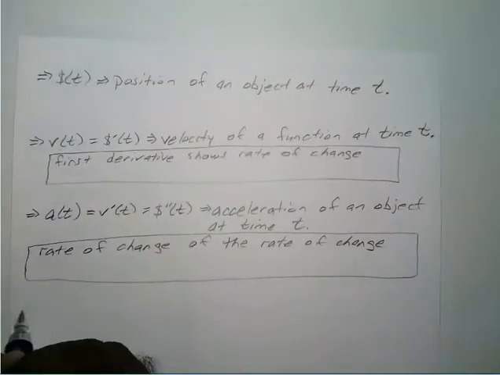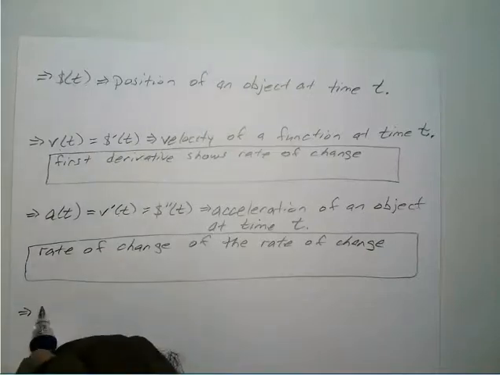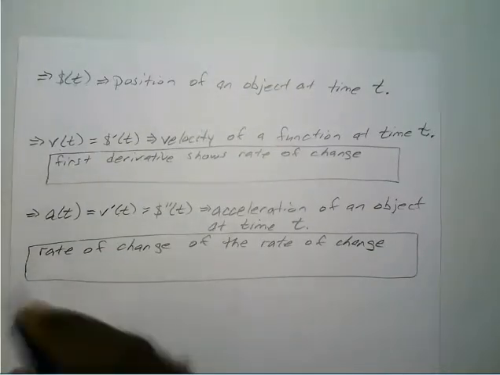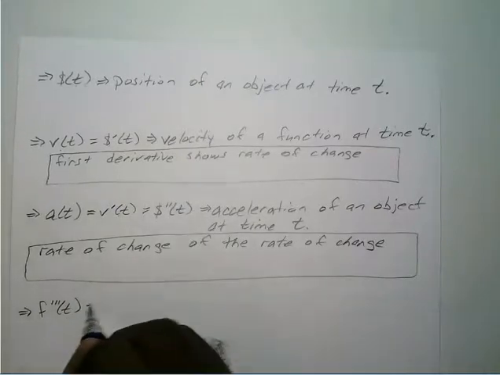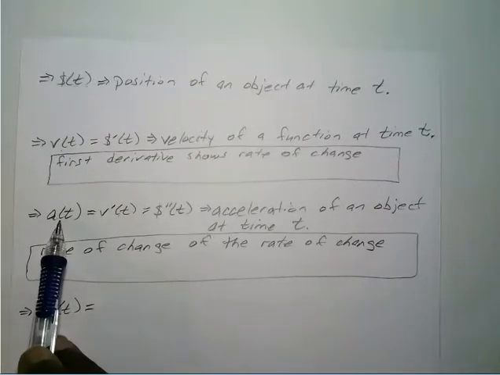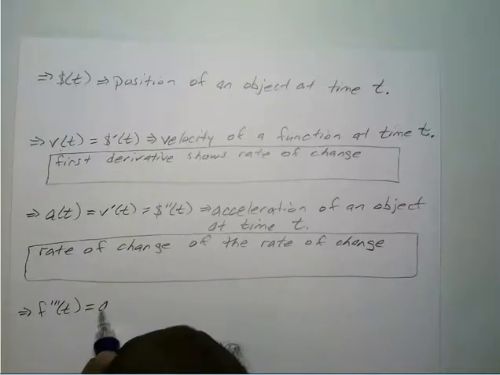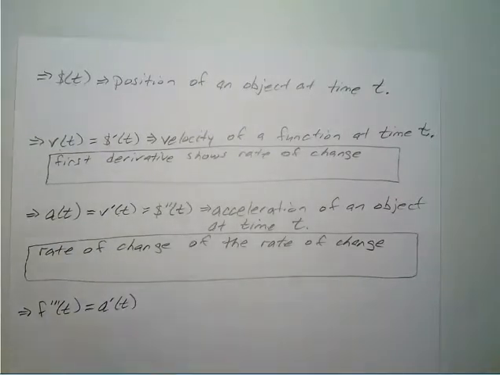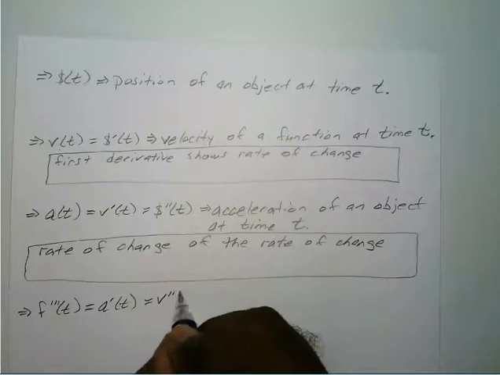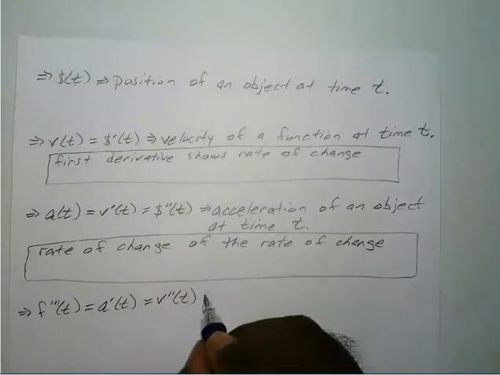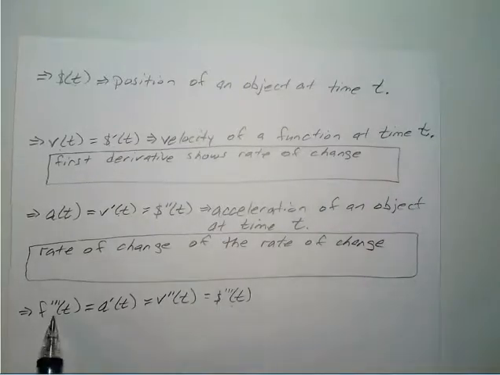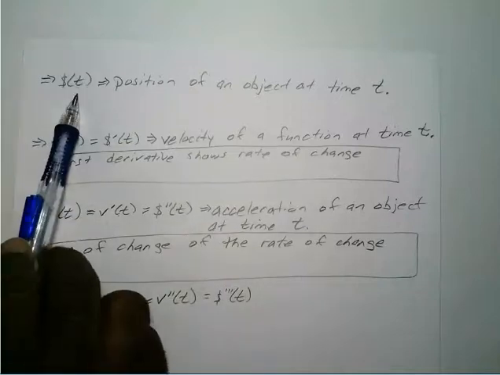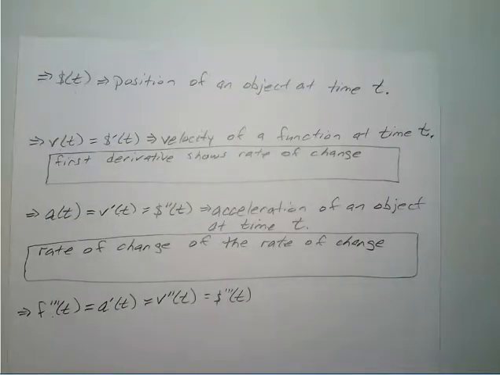Okay, so fourth, the next one will be your third derivative, which is the derivative of your acceleration function, which is the second derivative of your velocity function, which is the third derivative of your position function. So those two are pretty much the same depending on what's being used to show your position function.